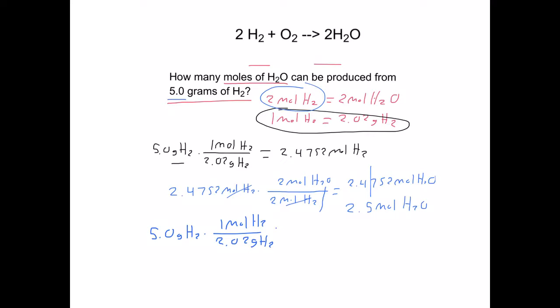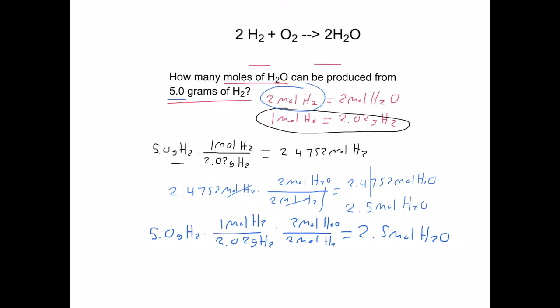Instead of solving for an answer, I can just put my second fraction right on there. 2 moles of H2O over 2 moles of H2. And that will again equal your 2.5 moles of H2O.